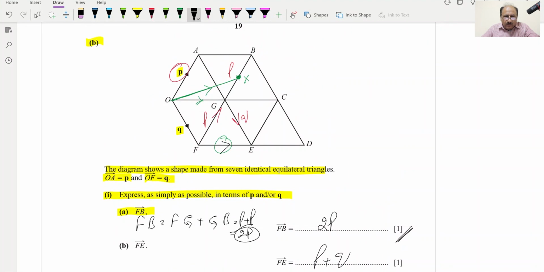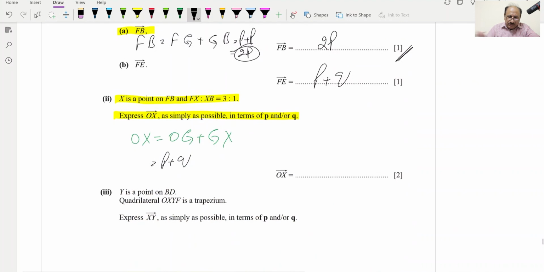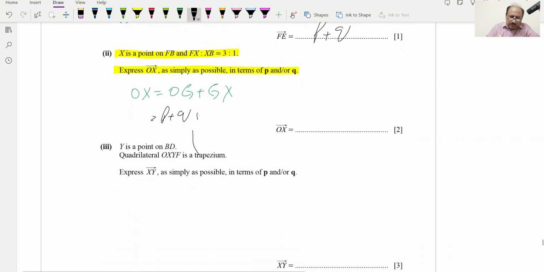GX is half of this one, half of P. So this is 1 by 2 of P. So we can write here plus 1 by 2 of P, and this will result in 3 by 2 of P plus Q, and our answer will be 3 by 2 of P plus Q. This will be the final answer for these 2 marks.